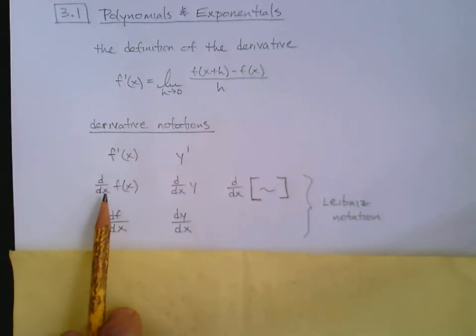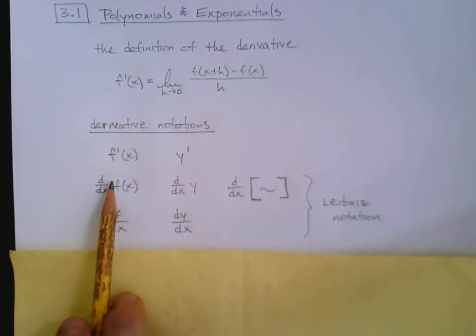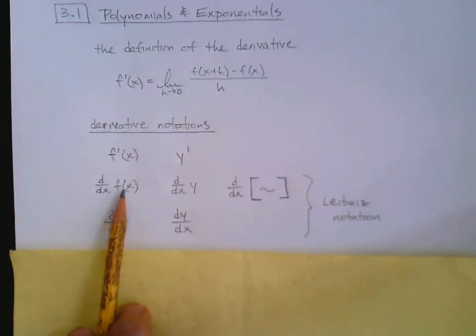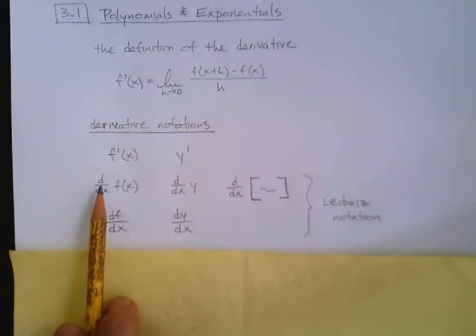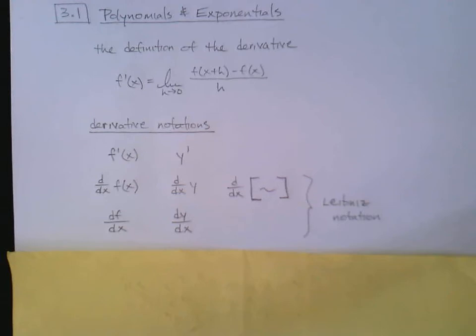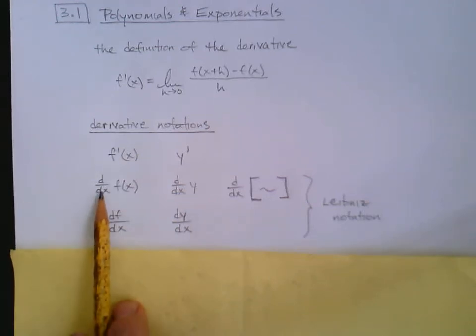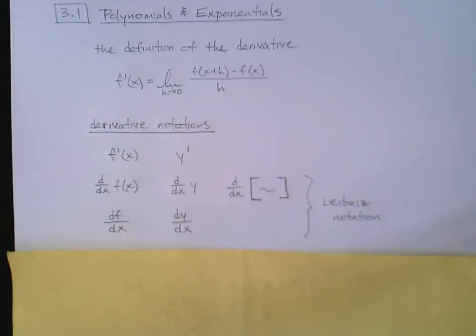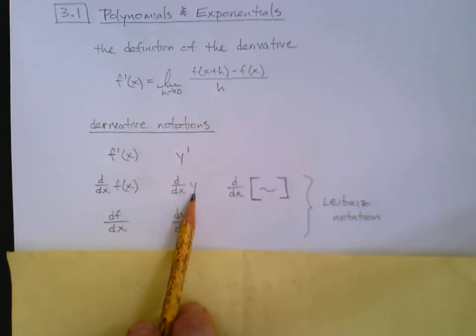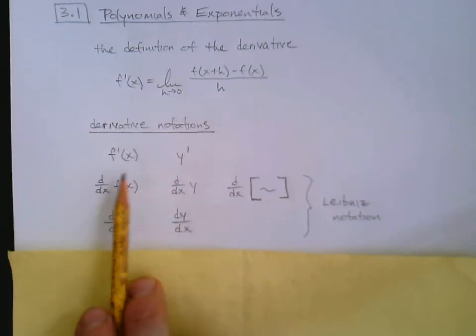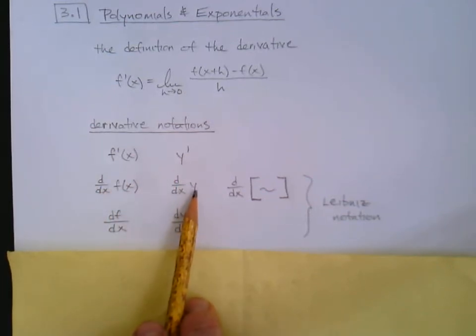This is not a fraction. This means the derivative of f of x, and you can think of the little d as standing for the word derivative. What's up with the divided by dx? There's a reason that notation is what it is and why it resembles a fraction. More on that later. In the same way, you could write d over dx with the y next to it, the derivative of y.